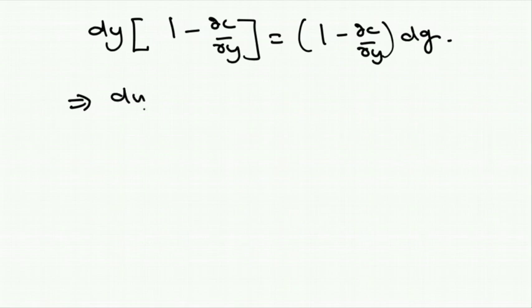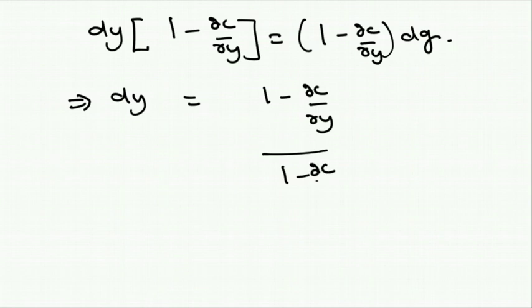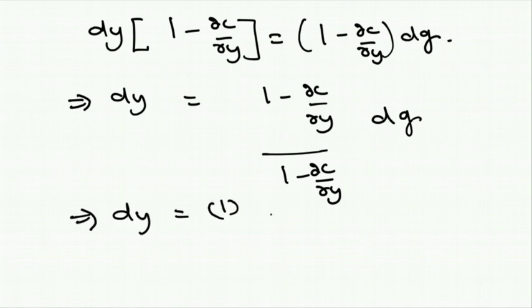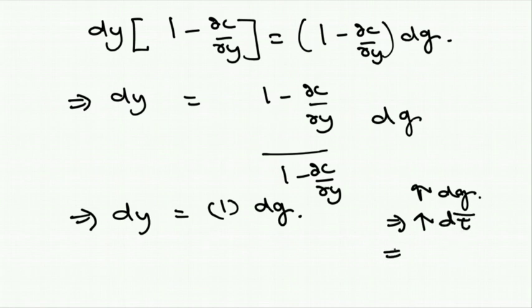Rearrange it, then you have dy equals to 1 minus delta c over delta y, 1 minus delta c over delta y dg, isn't it? So here dy equals to 1 times dg, isn't it? That means an increase in government spending fully financed by the same amount of increase in lump sum tax yields the same amount of increase in income.